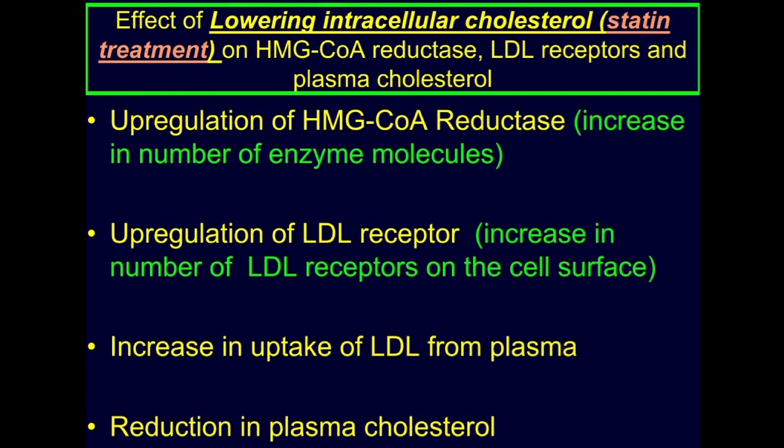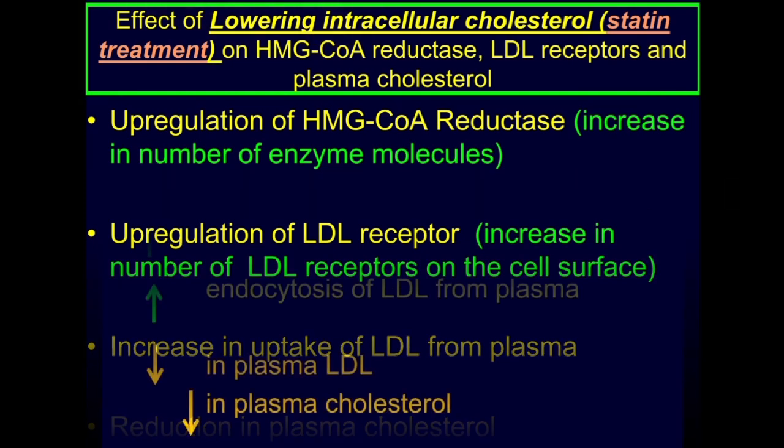In fact, this is the therapeutic strategy behind the use of statins to reduce plasma cholesterol. The inhibition of HMG CoA reductase by statin results in a decrease in intracellular cholesterol concentration, which in turn results in an increase in the gene expression of the LDL receptor.